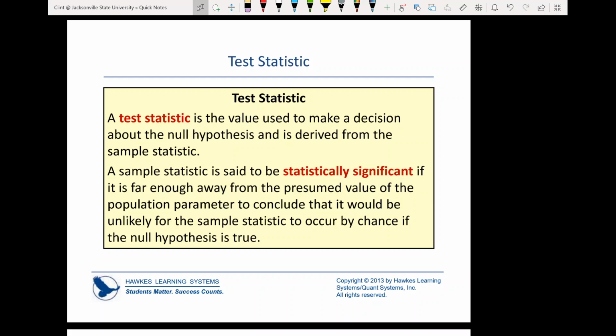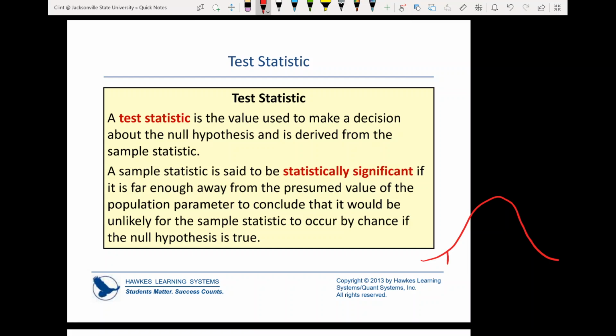Okay, so what does it mean to be statistically significant? Well, we start out assuming the null hypothesis is true, and if we assume that, that gives us a normal curve to work with, based on the central limit theorem. So we've got this range of values that we expect our data to fall in if our null hypothesis is true.